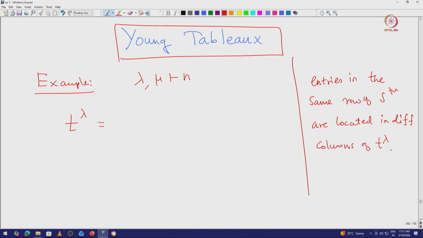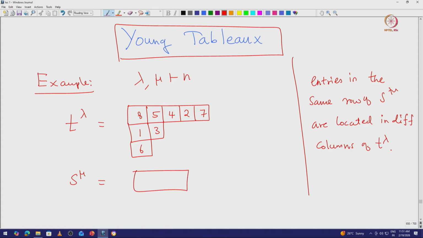Let us work with an example, then it becomes clear. Take this particular one: you have 8, 5, 4, 2, 7, 1, 3, 6. This is my T lambda, and my S mu is given by 1, 2, 3, 4 and 5, 6, 7, 8.